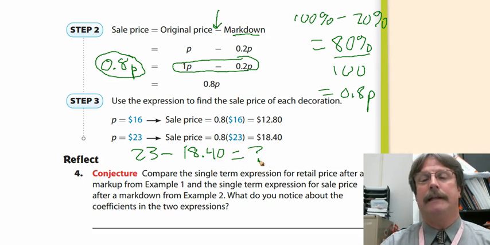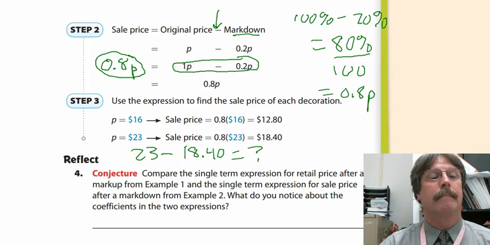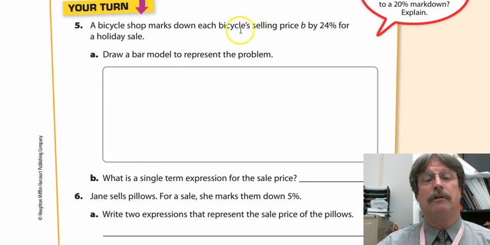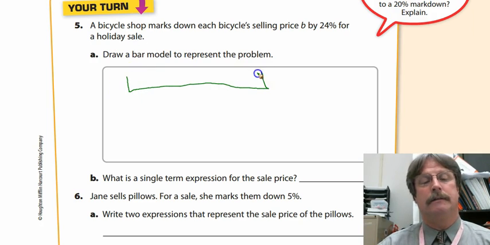Bicycle shop marks down each bicycle selling price B by 24% for the holiday sale. So we go ahead and draw a bar model. So the original price, we just make it like that. So that's going to be B, and then we're going to have some other price over here, and that's going to be our 24%.